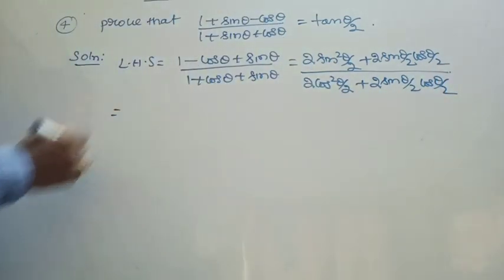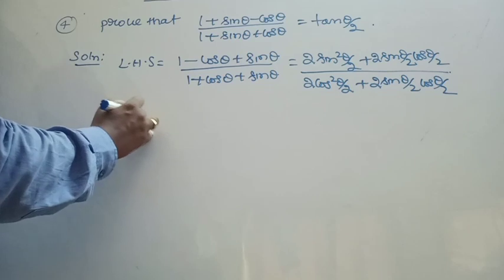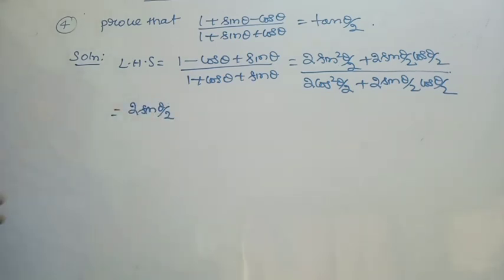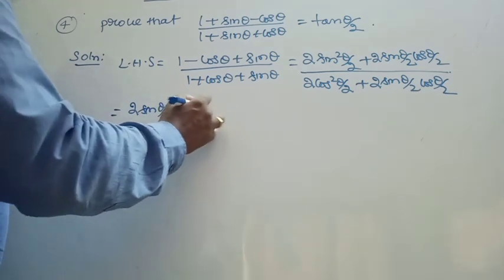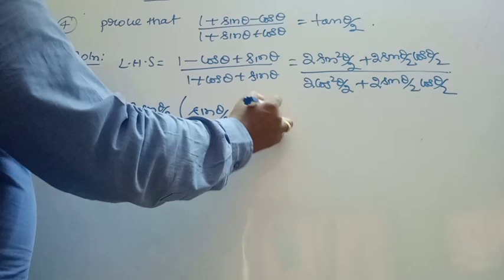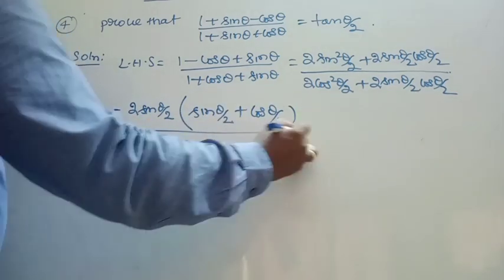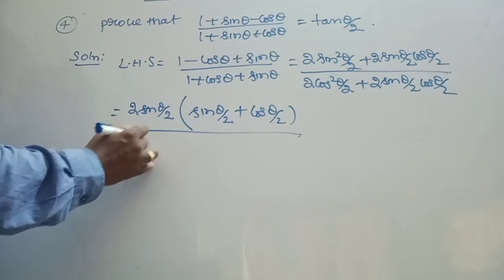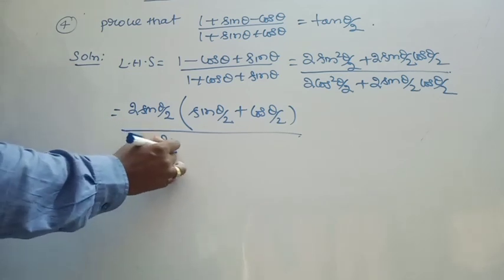Now you take 2 sine theta by 2 common. That is sine theta by 2 plus cos theta by 2, whole thing divided by, in the denominator also you can take 2 cos theta by 2 common.